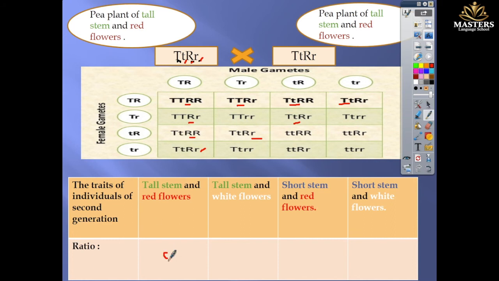So I will write here 9 offspring have tall stem and red flower.